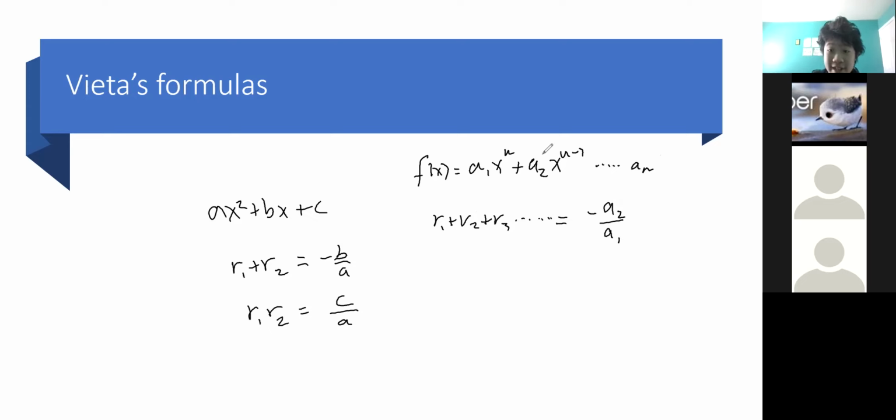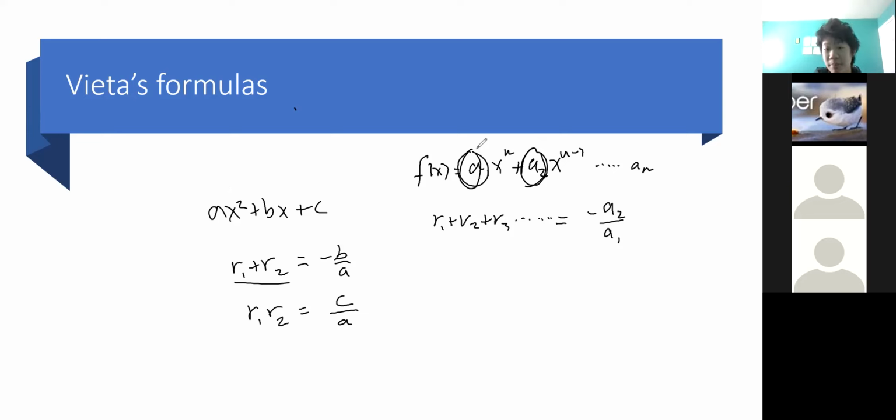First, we take the second coefficient and divide it by the first coefficient. That's what we did with the quadratics. We took the negative of the second coefficient over the first coefficient. The quadratic is just a specific example of this general formula. So the sum is just the second coefficient over the first coefficient, and you take the negative of that.